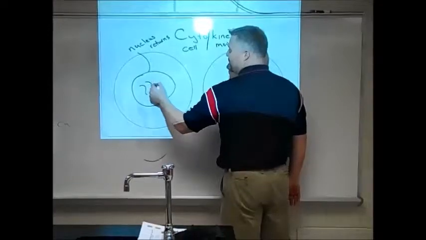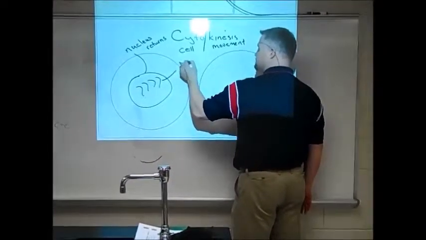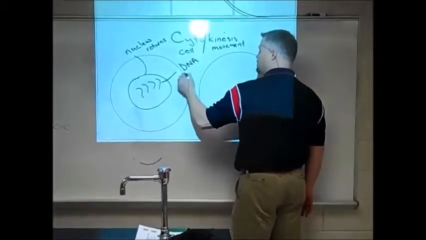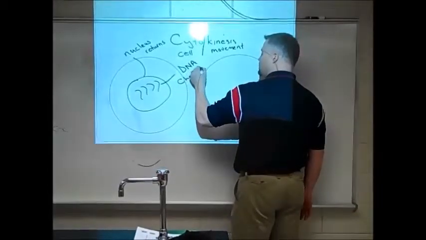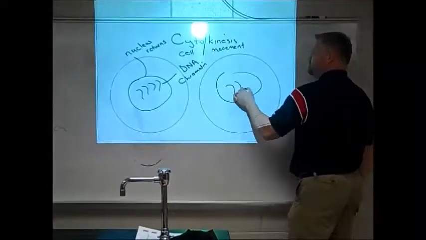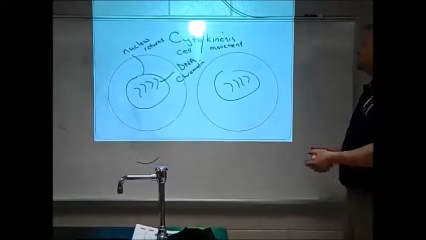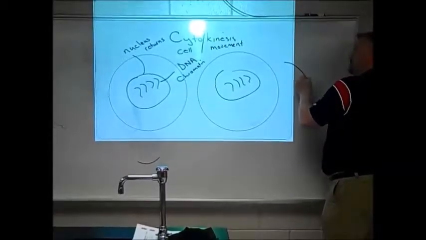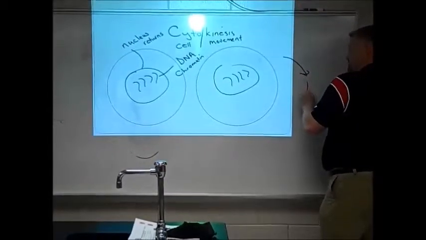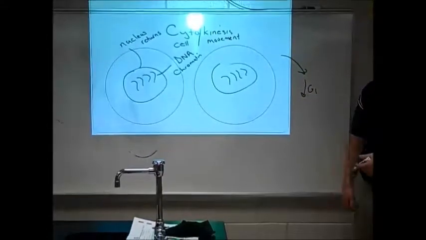Your DNA is back to chromatin. And now the cell is ready to grow, and when it's ready, it's going to go back into G1 phase. And so the cycle has been completed.